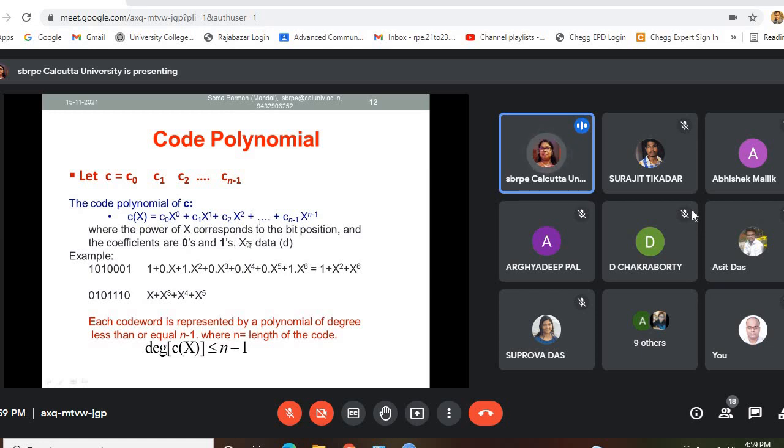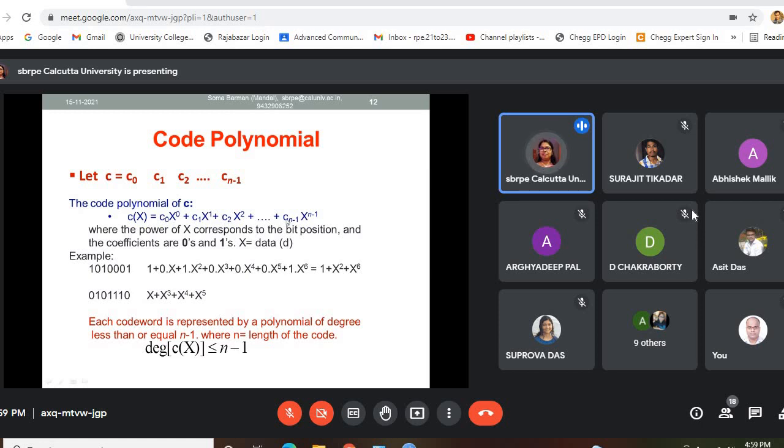The power of x corresponds to the bit position, that is, how you are shifting. As the structure looks like that, you can easily implement it by means of a shift register and modulo operation, because you are shifting the bits. The coefficients C0, C1, C2 up to Cn are the coefficients of the polynomial.